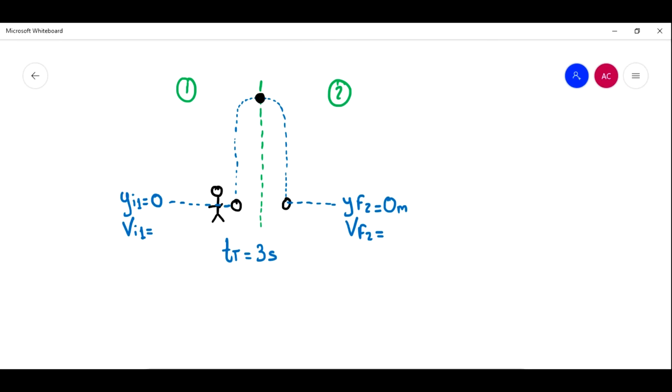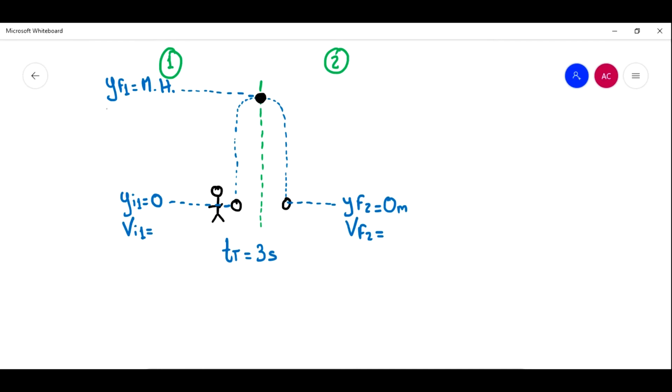This is the highest point. I need to erase this because I'm going to write them a little bit over here. This is segment number 1 and this is segment number 2. So this is the final position of segment 1, that will be the maximum height.